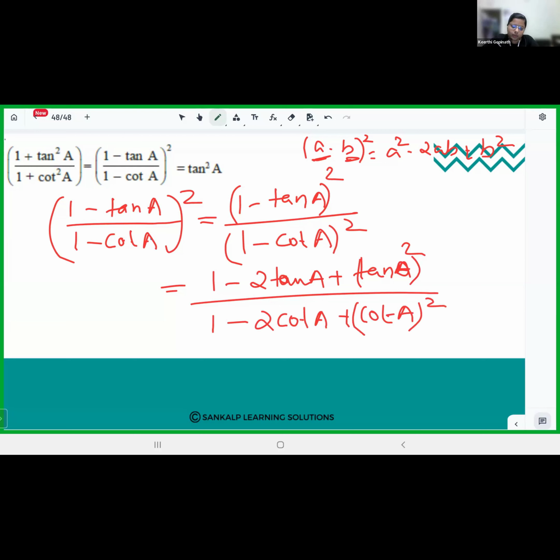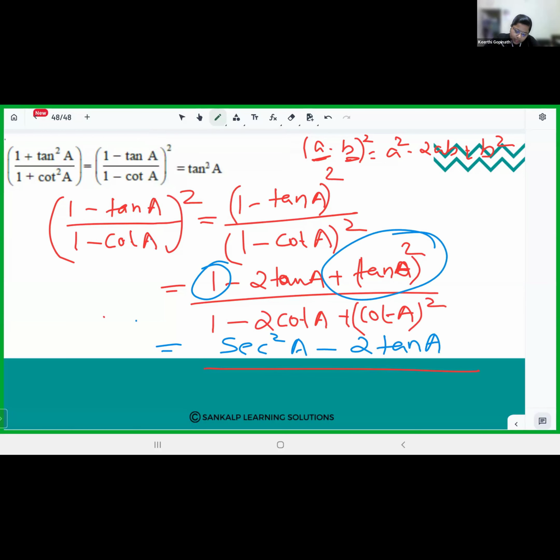Both are equal, right? So what can you say about 1 plus tan square A? 1 plus tan square A is nothing but sec square A, right? And then you have minus 2 tan A in the denominator.